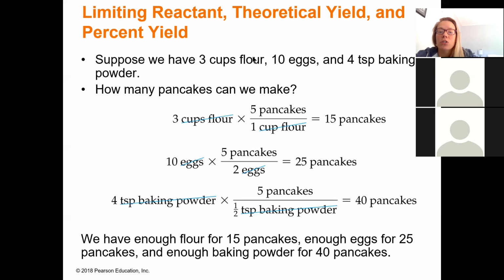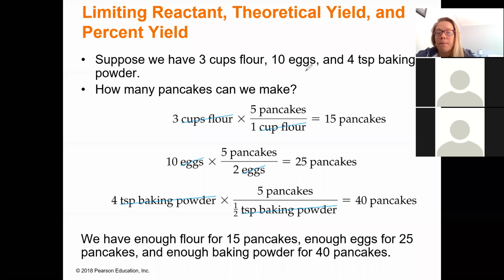Well, each of these things is speaking to a different number of pancakes you can make, right? 3 cups of flour, if we use our conversion factor, which says 1 cup of flour for 5 pancakes, 3 cups of flour could yield 15 pancakes. 10 eggs can make 25 pancakes, and 4 teaspoons of baking powder can make 40 pancakes.